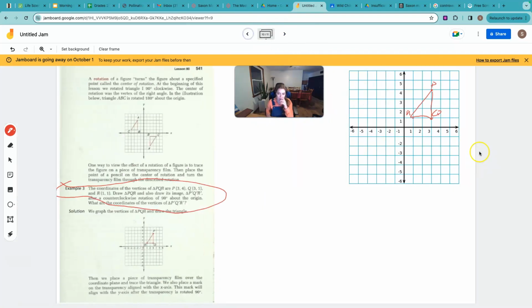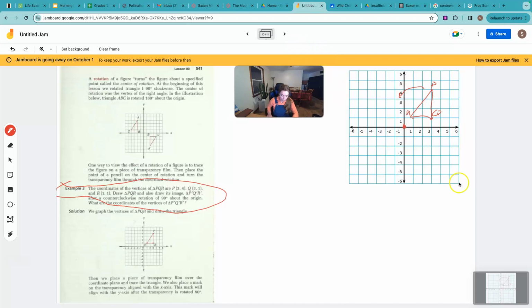Yes, the origin is 0, 0 on the coordinate graph. There it is. So we're going to rotate it counterclockwise, right? So on my screen, we're going this way. We're rotating it 90 degrees counterclockwise. So again, we really have to think in our heads here. What's happening? What's going on?